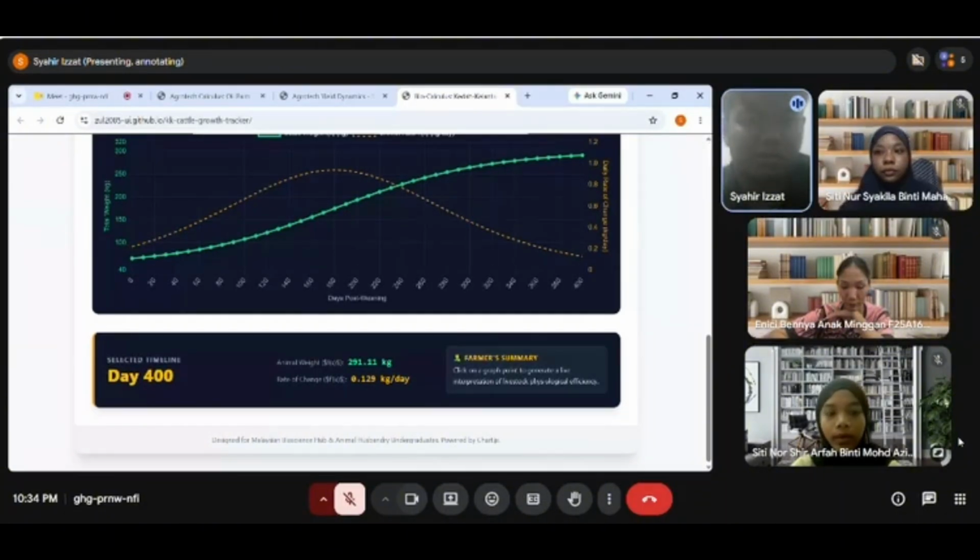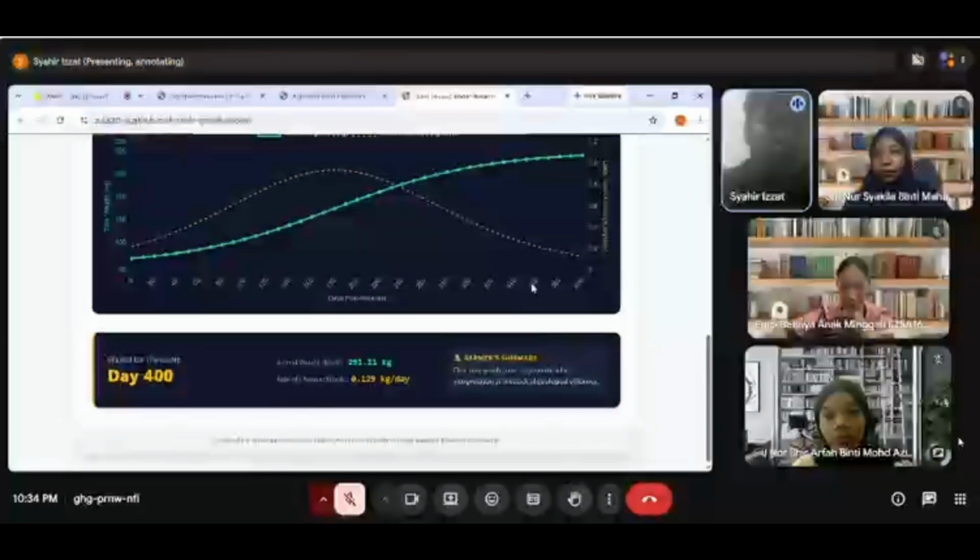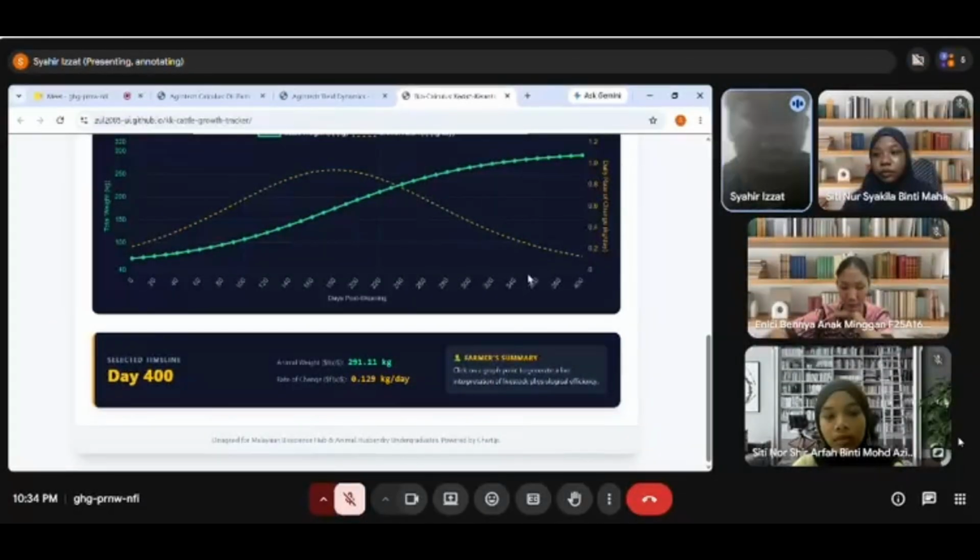Okay, now we move to number 5, recommendation to make the HTML better. To improve the HTML page, I would recommend adding an interactive real-time graph component using a JavaScript library like Chart.js.